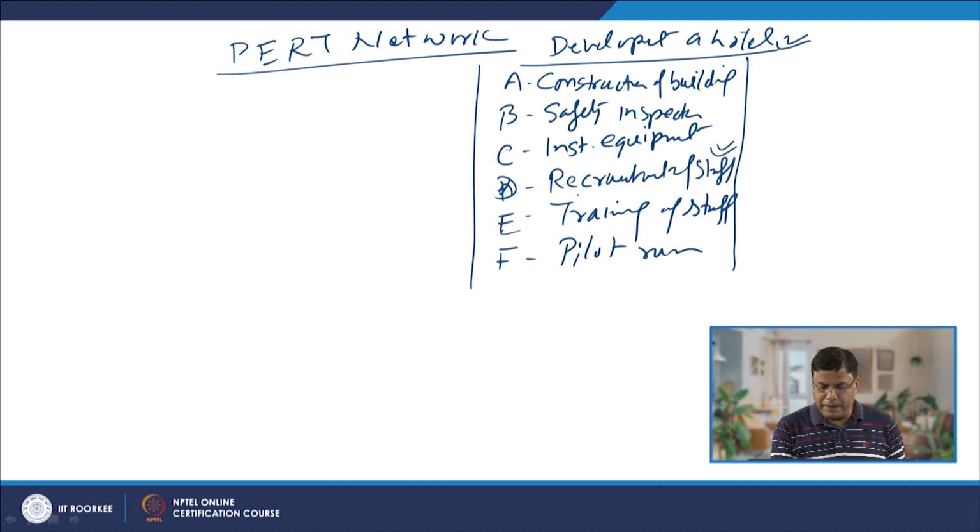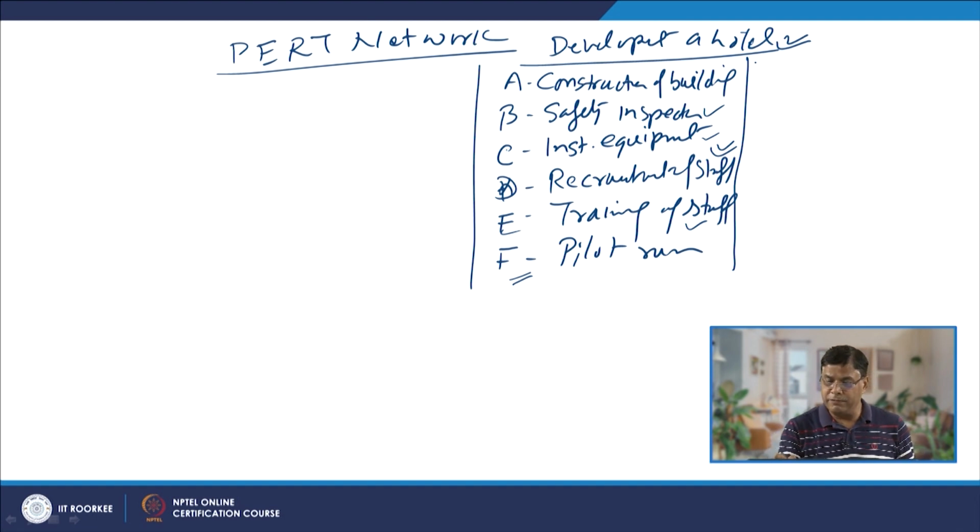So E cannot be taken up unless D is completed, and B cannot be done until A is done. Similarly, running a pilot test cannot be done unless the safety inspection is over, the staff has been trained, and the equipment has been installed. Unless all these things are done, we cannot run the show.